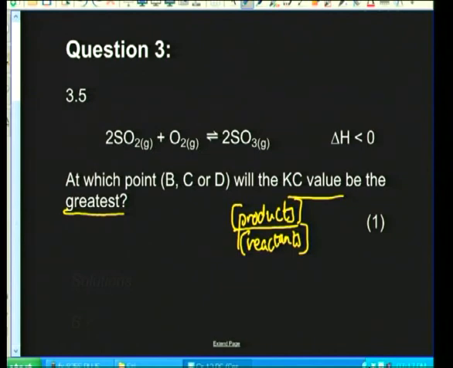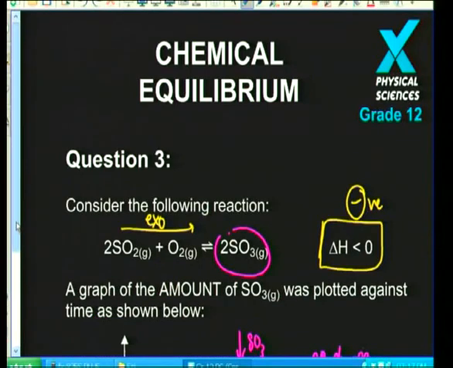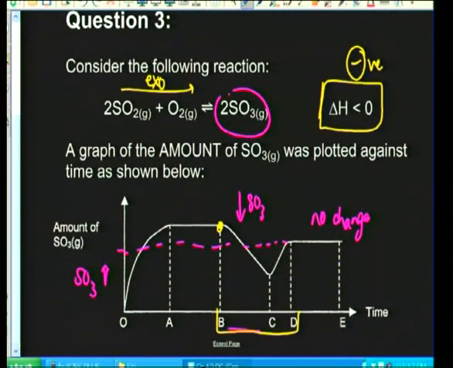So, when will the products be the most? Because that would give me the greatest Kc value. Heading back to my graph, right at the very beginning, I have the highest products at point B. Compare point B, point C, point D. Point B will be the greatest.